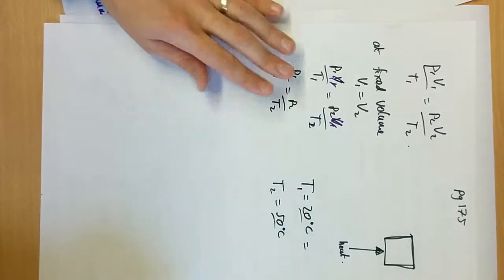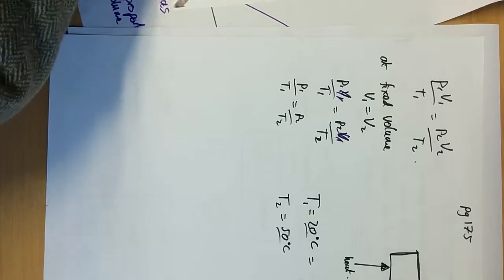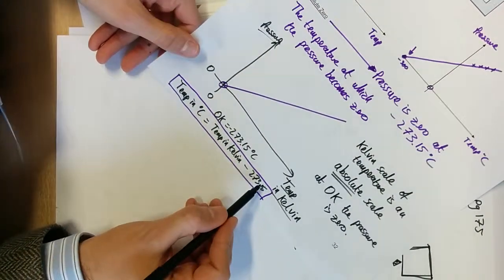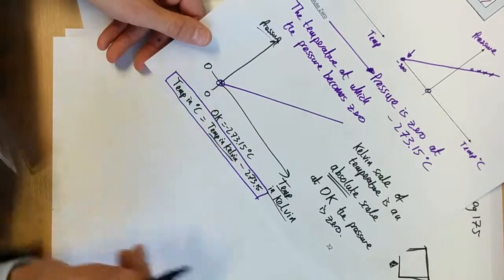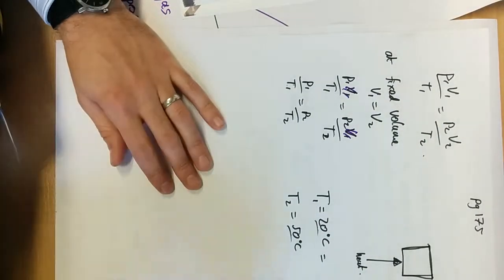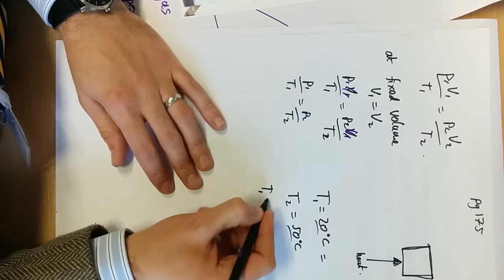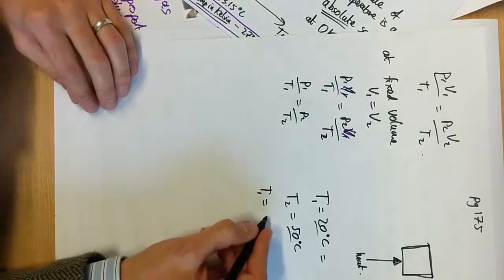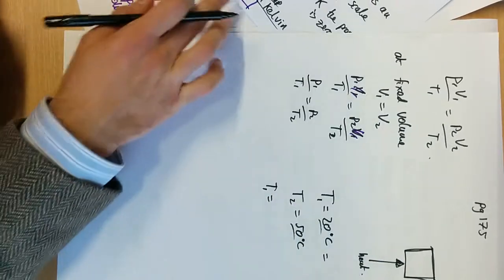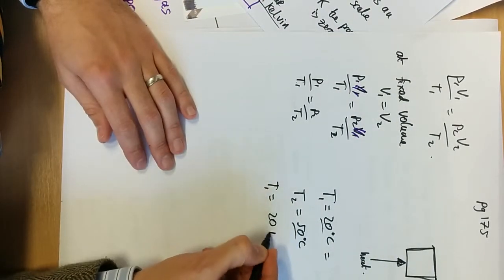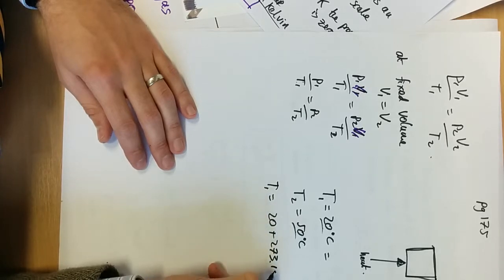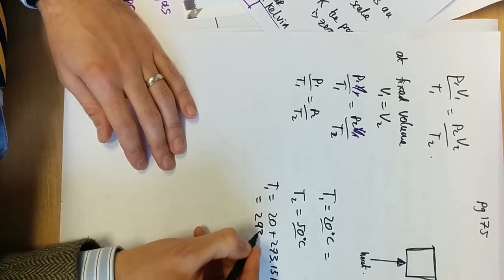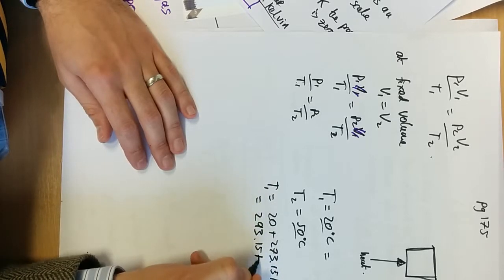Now remember that I told you that the temperature in degrees C is equal to the temperature in Kelvin minus 273. So actually we want to find the temperature in Kelvin. T1 is going to be the temperature in degrees C plus 273.15: 20 plus 273.15 Kelvin, so 293.15 Kelvin.